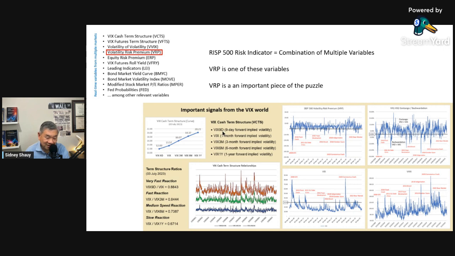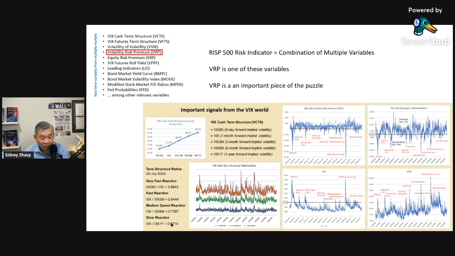So if I want to detect micro movements, I look at the VIX 9D over VIX. The VIX over VIX 3M is also fast, but not as fast. The medium speed is the VIX over VIX 6 month, and the slow reaction is VIX over VIX 1 year.